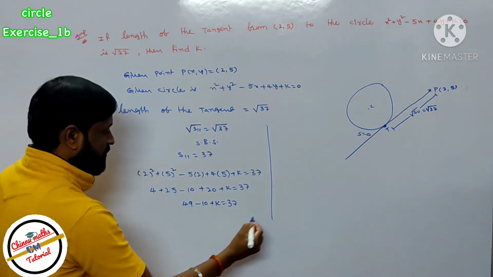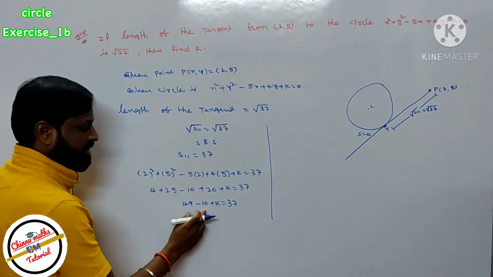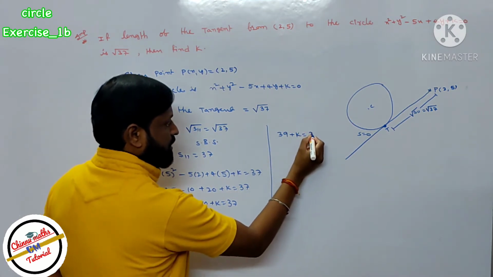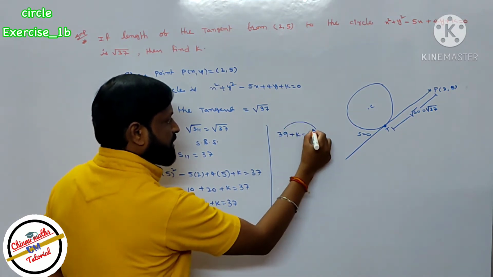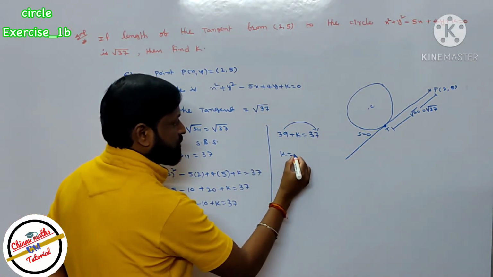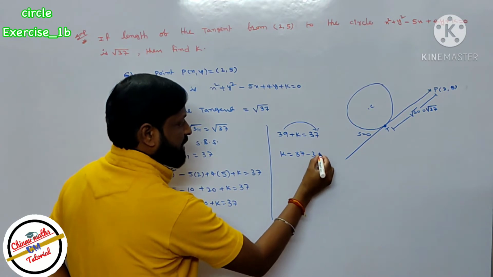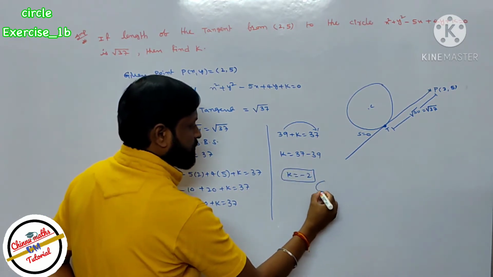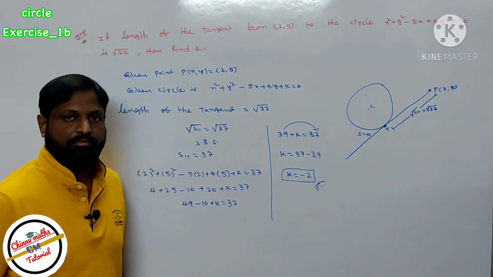So then it is equal to 49 minus 10 equal to 39 plus k equal to 37. Plus 39 can be written as, here the sign should be changed. So then k equal to 37 minus 39, then k equal to minus 2. So then the k value equal to minus 2.